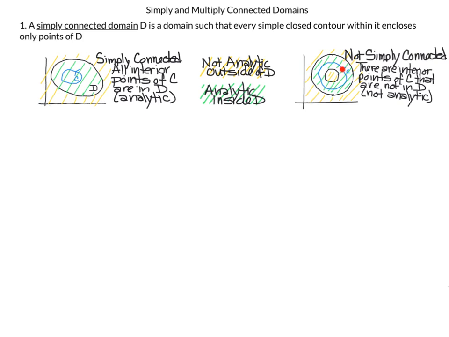So now in our domain, we can draw a closed contour that encloses points outside the domain, that are not analytic. This contour enclosing these non-analytic points is what makes this domain not simply connected. Again, there are interior points of C that are not in D.